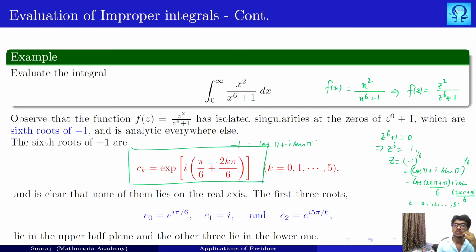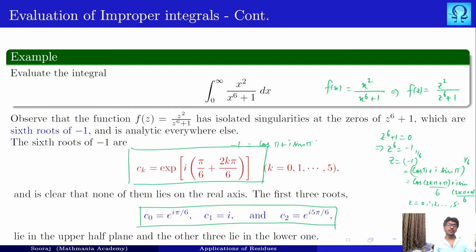Among this, there are 6 roots, 6 zeros we have. So we'll have to identify which of them lie above the real axis. If we examine these values, we can notice that only these 3 values lie above the real axis. The other 3 lie below the real axis, and we are not interested in them.